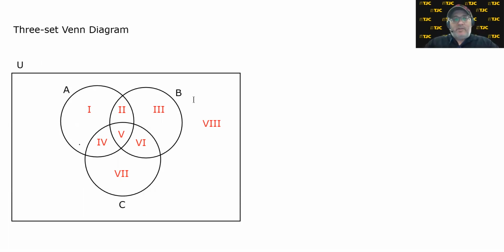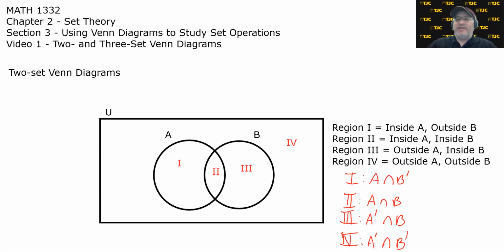I'd like to do one other thing before we wrap up this video. I would like to try to describe all 8 of these regions the same way that we did back here. Not necessarily in terms of inside and outside of, although we'll say that verbally, I'm not going to write it, but I would like to try to describe each region in terms of the intersection of a circle and the complement of a circle.